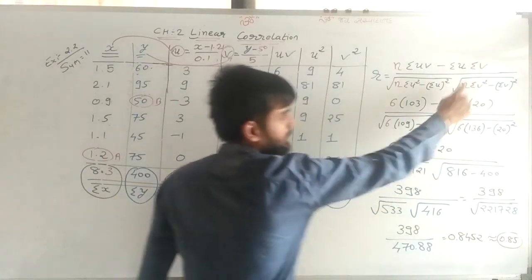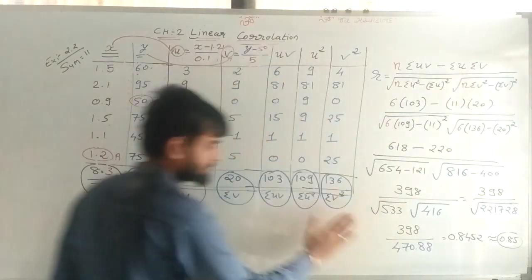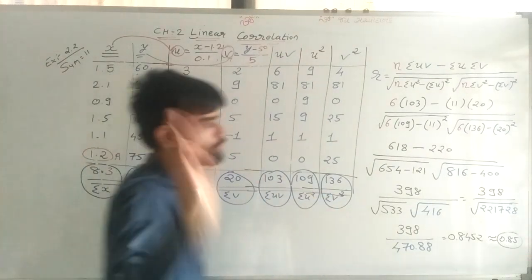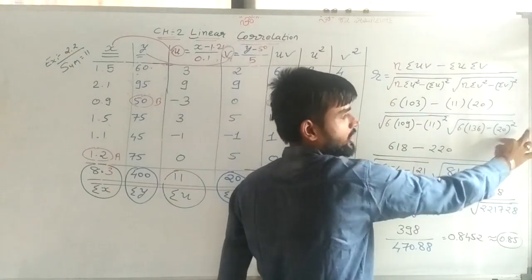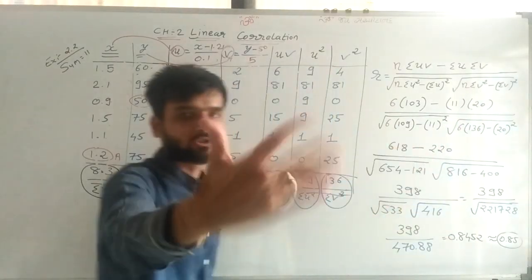Second under root, n is 6, sigma v square, here sigma v square is 136, so 6 into 136 minus sigma v whole square, 20 whole square.